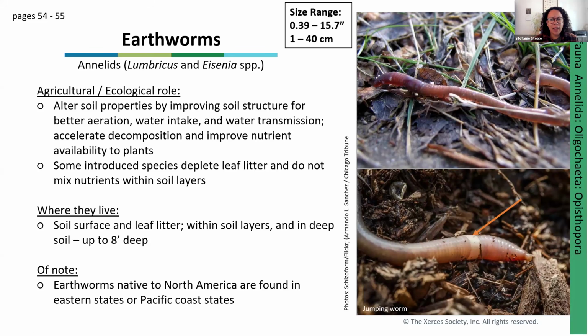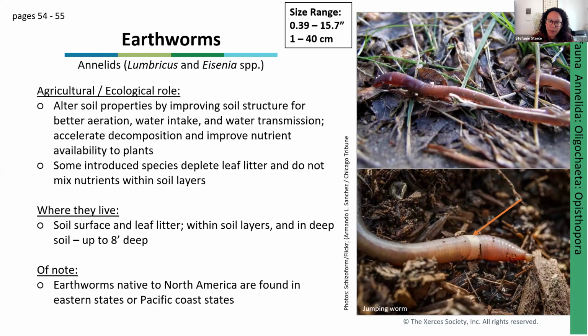So I mentioned how they're helping move soil, but it is really notable. They can move an incredible amount of soil. There's an estimate that they're moving 10 tons per acre per year, which is hard to wrap my brain around.